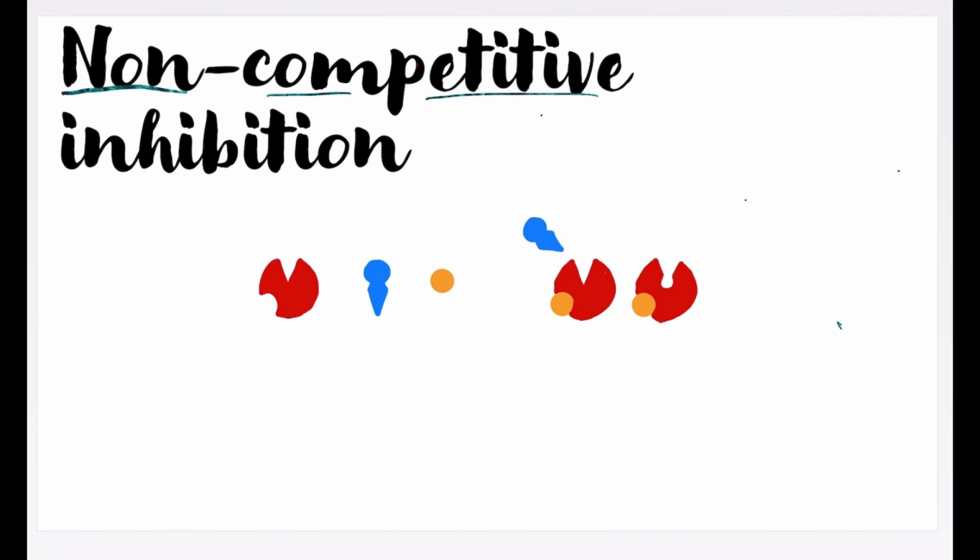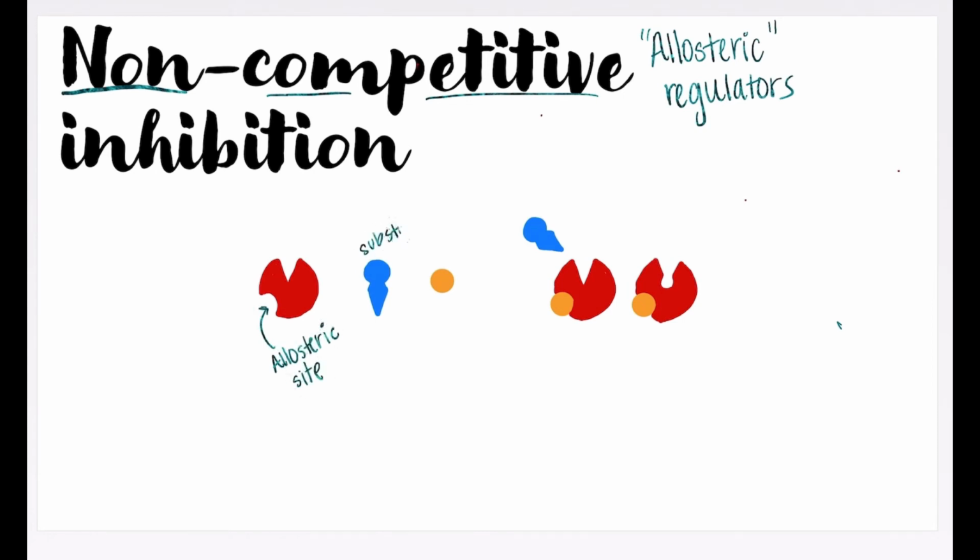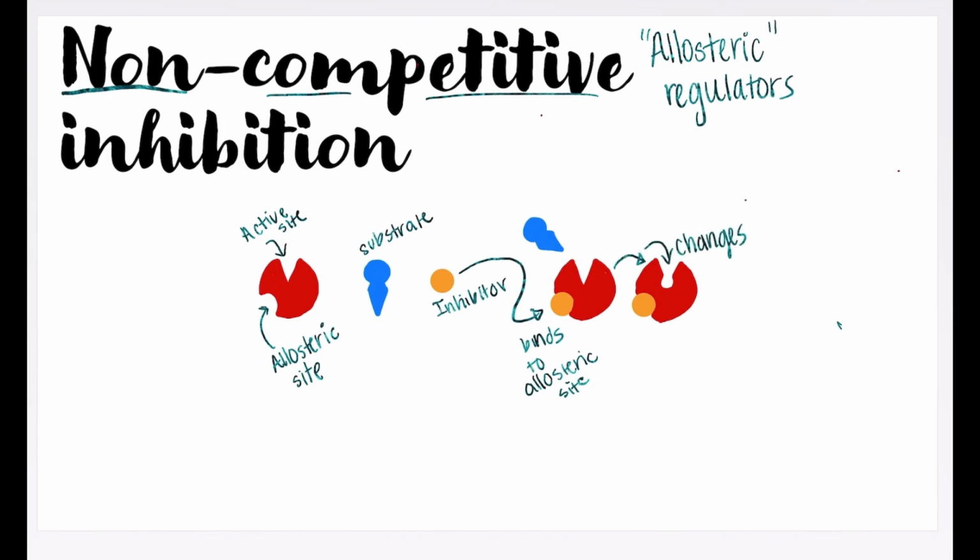Now, non-competitive inhibition. Think of that word, non-competitive. This one is not competing for the active site. This is also known as allosteric regulators. In this one, we use the second site, which is our allosteric site. We will have an inhibitor, and the inhibitor will bond to the allosteric site. When the inhibitor bonds to the allosteric site, it changes the shape of our active site.